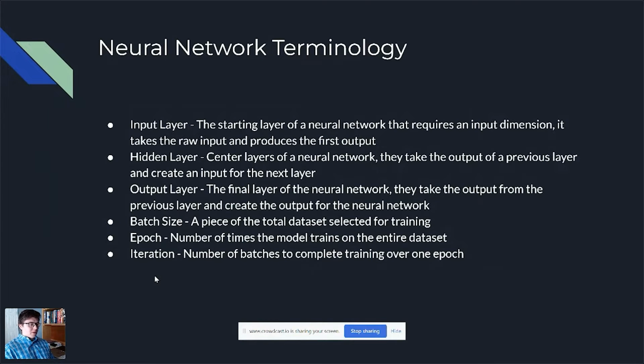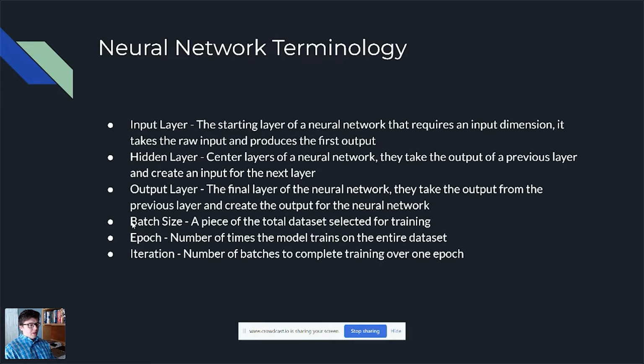And the output layer will take those inputs from the hidden layer and then produce an output. Now, I should note that there can be more than one hidden layer within a neural network. It doesn't just have to be three different parts. In general, many neural networks have numerous hidden layers that can increase your accuracy or increase the sophistication of your architecture. It's not always the case. So you can think of this as a very basic example, but you can add more than just one hidden layer in your neural network.